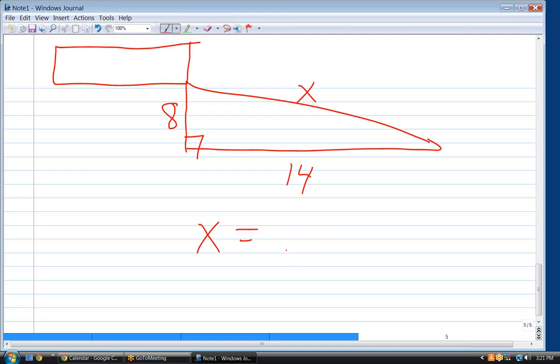Always start out x as the square root of. Oh, yeah. Anytime you are solving a right triangle, start out your answer as the square root of, because it doesn't matter whether you're solving for the hypotenuse or one of the sides. The answer is always square root of. In this case, it's 8 squared plus 14 squared. Whatever that number is equal to is your answer.